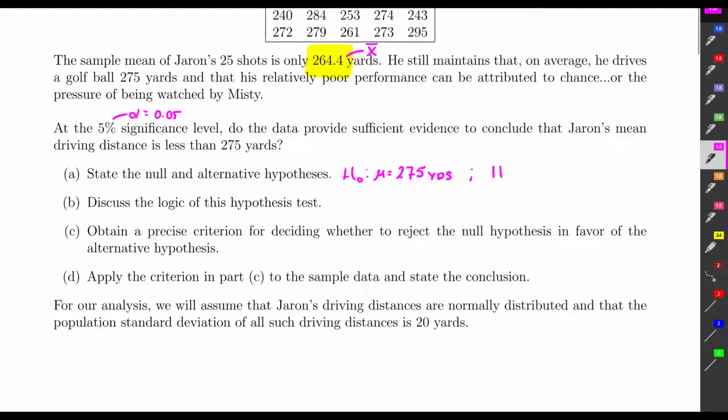The alternative hypothesis is Misty's claim, that mu is less than 275 yards. Based off the sample data, we're going to determine if there is a reason to accept Jaron's claim that his average drive is 275 yards, or reject that claim.